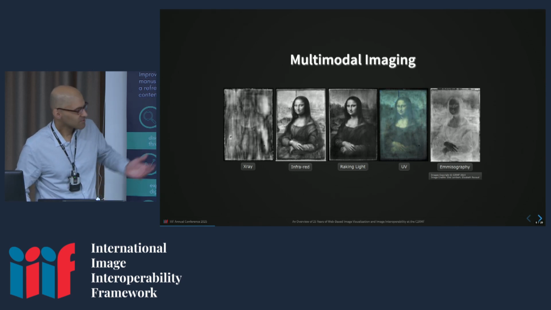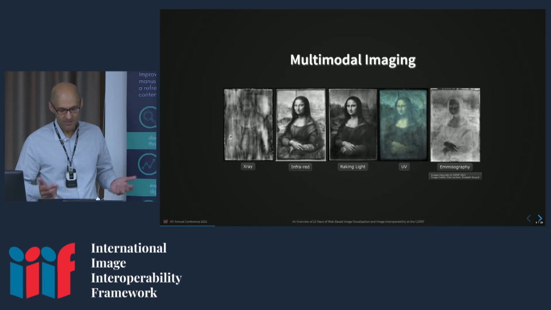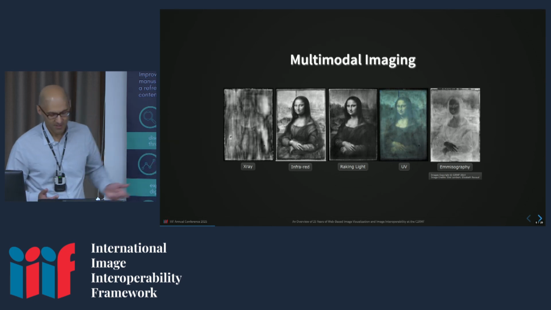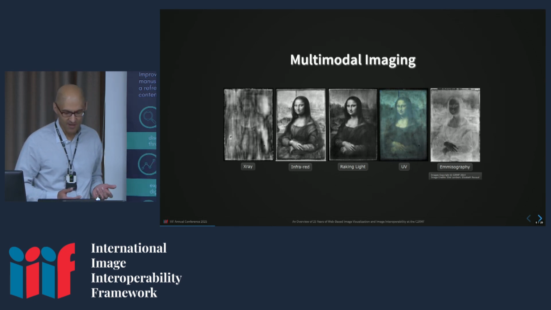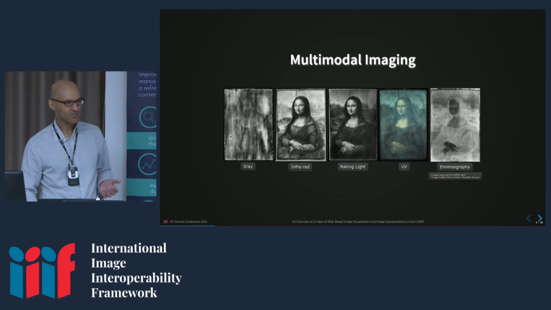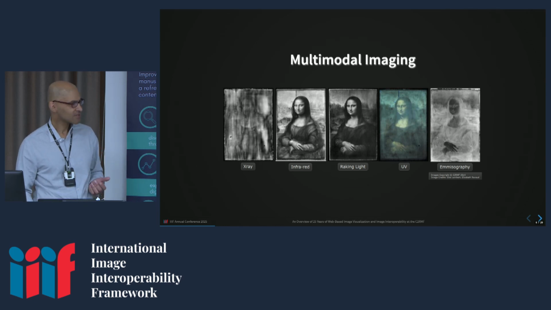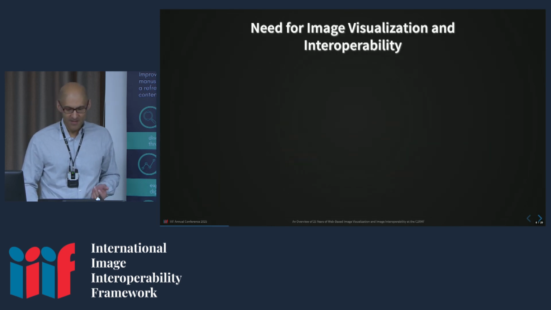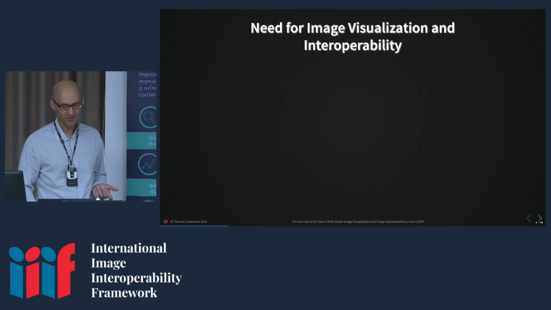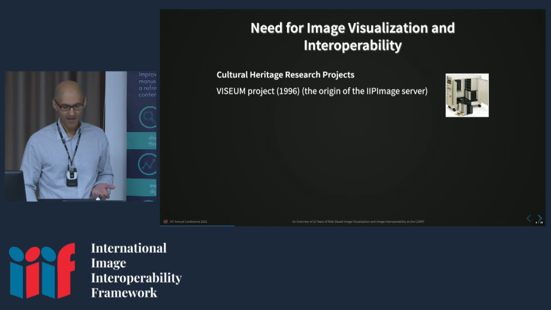So in terms of multimodal imaging, a typical painting will be imaged using a number of techniques, so typically X-rays, infrared, raking light, UV, anisotropy, color imaging. So there's a whole range of imaging that needs to be accessible and needs to be usable. So there's been a need for interoperability and visualization since the beginning, really.